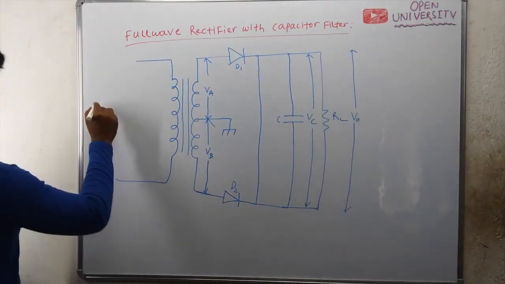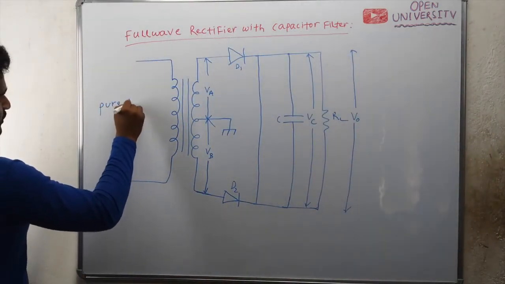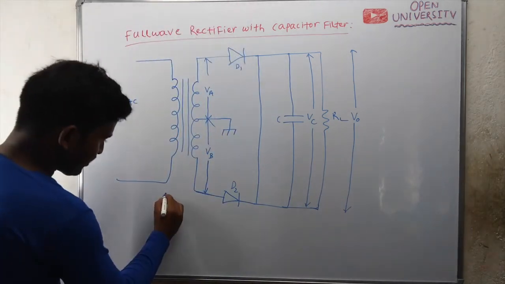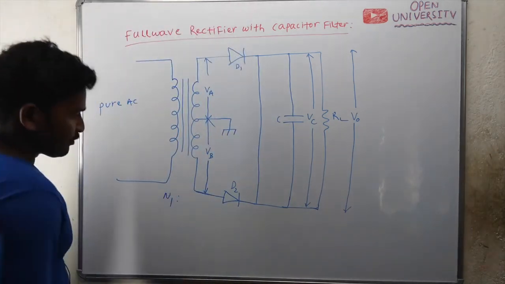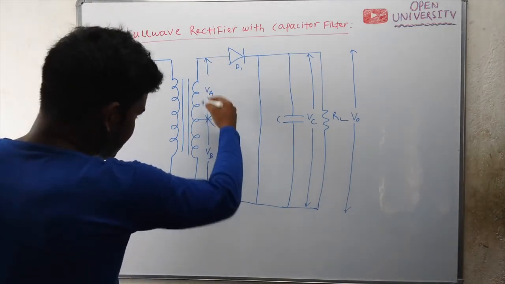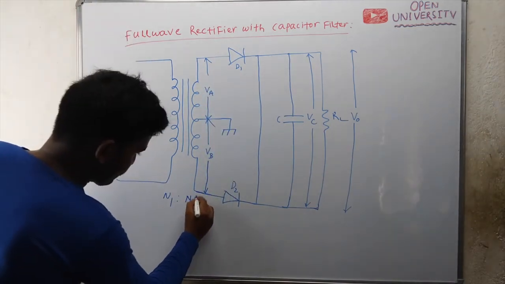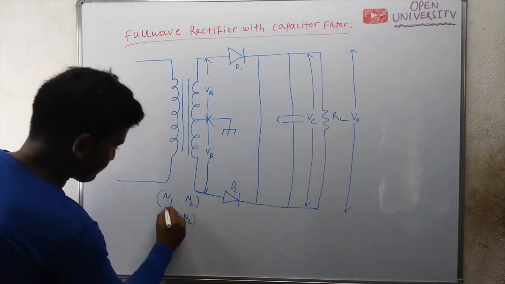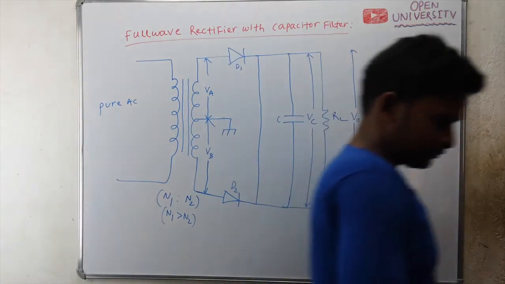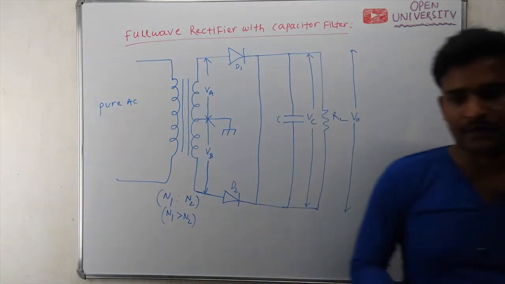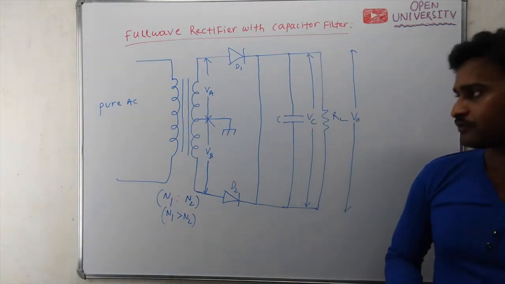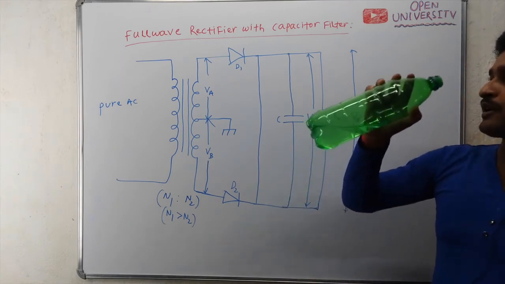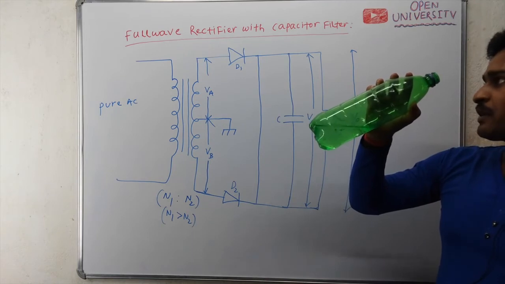Here the input is a pure AC signal. The number of turns on the primary side is N1, and the number of turns on each half is N2, so N1 is greater than N2. Let's understand the operation of the full wave center tap rectifier with capacitor filter.